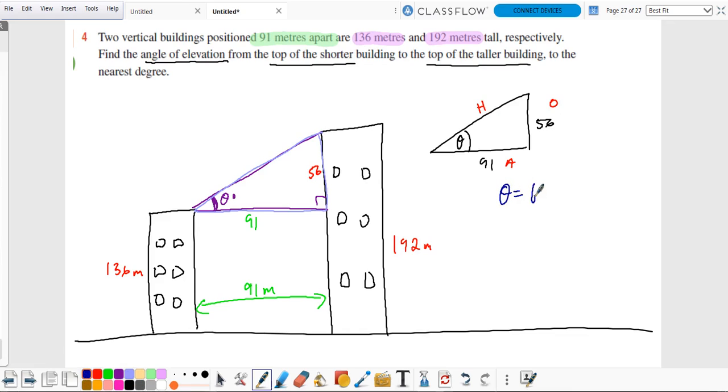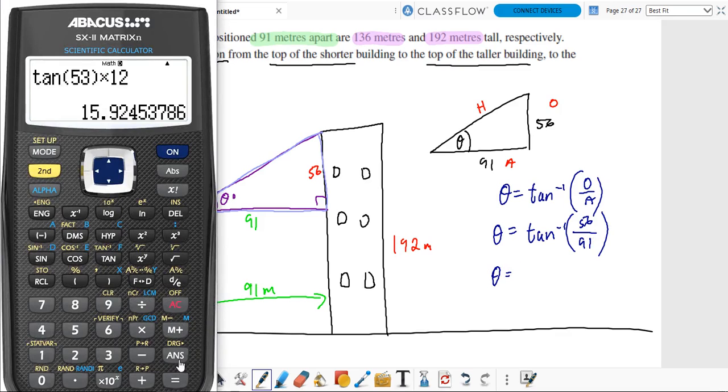Remember tan is O over A. So that would be shift tan of O, which is 56, over A, which is 91.